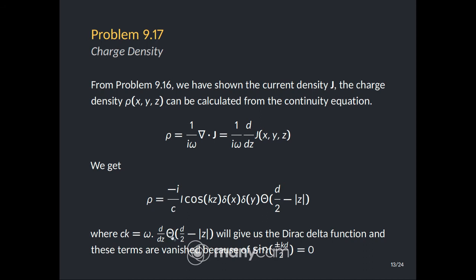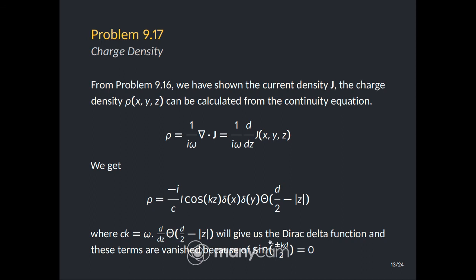Originally, the derivative of the current density needs the derivative of the theta function, but this derivative of the theta function gives us a Dirac delta function, which takes value at z equal to positive or negative d divided by 2.